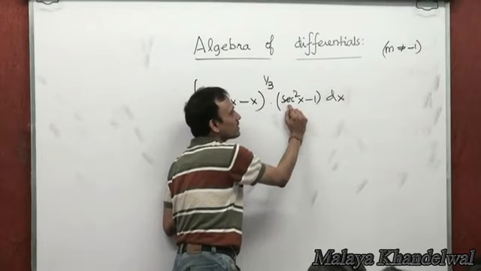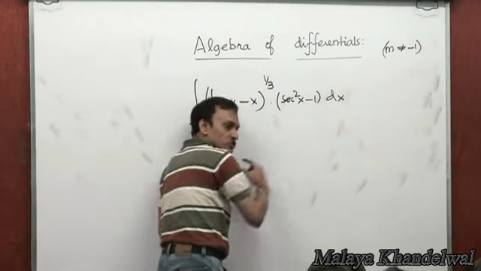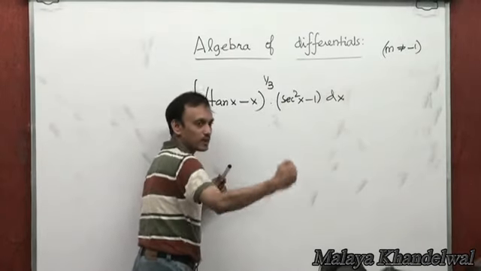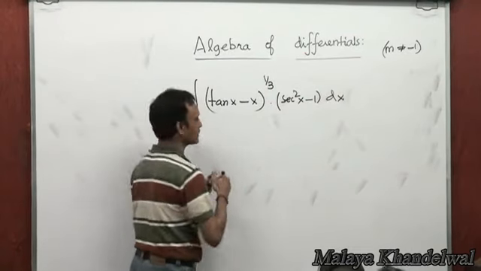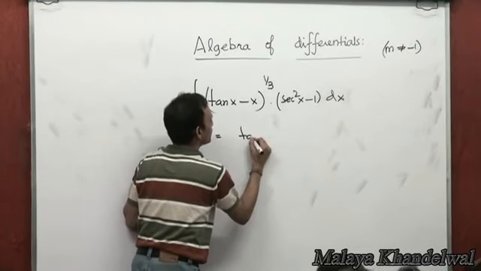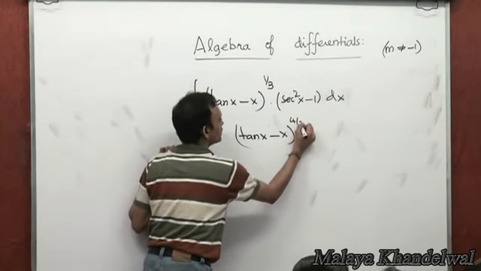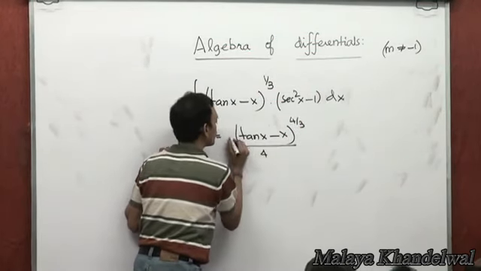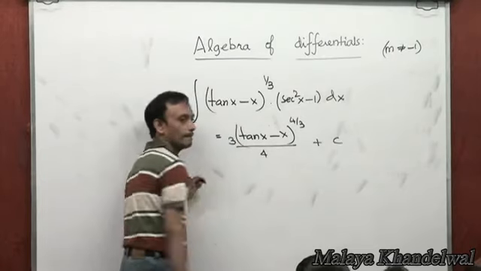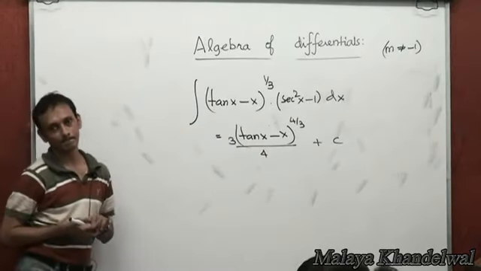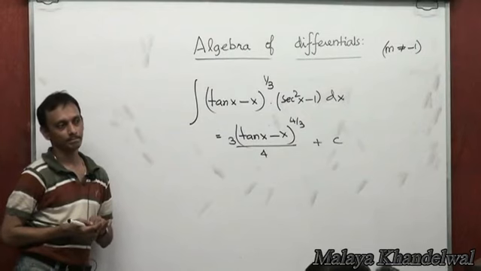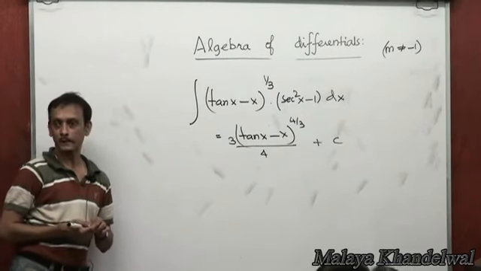So function raised to a certain power into the derivative of the function is going to be function to the power plus 1 divided by power plus 1. Right? So that's going to be (tan x minus x) to power 4/3 divided by 4/3 plus c.